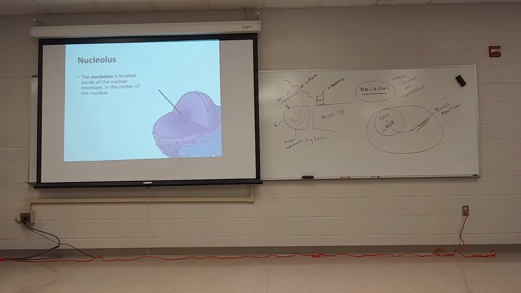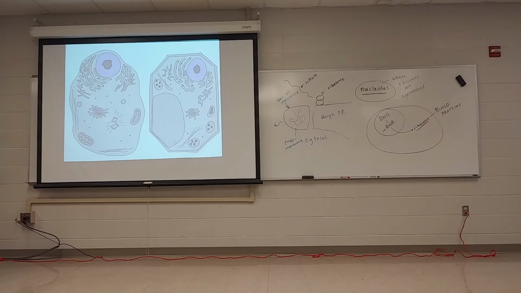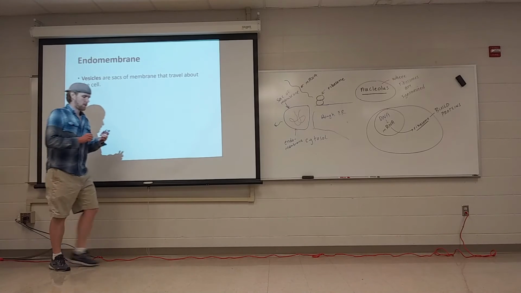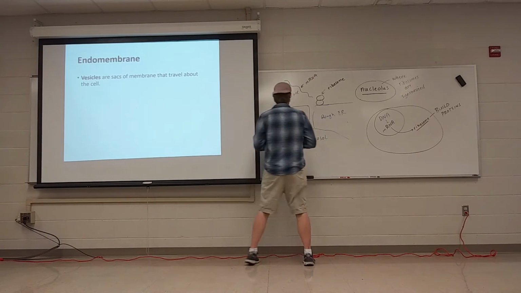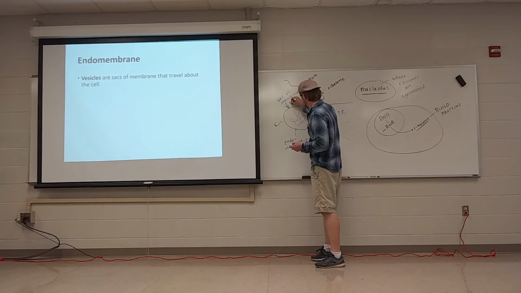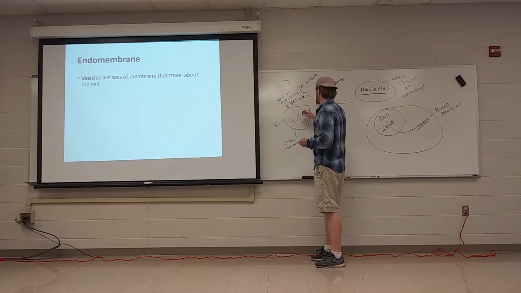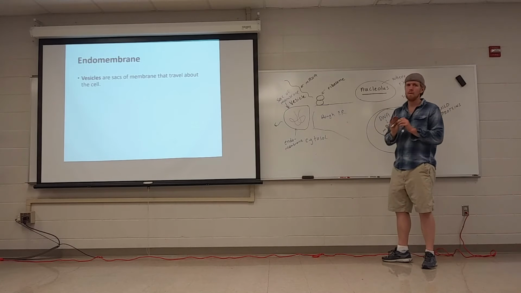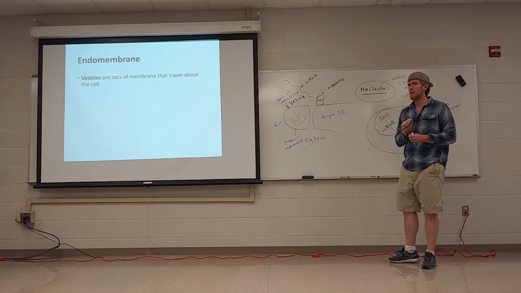Now we're going to go back to this slide. A sac of membrane is called a vesicle, and so this is a transport vesicle. It is transporting our protein from the rough ER off to the next step where it's going to get modified.